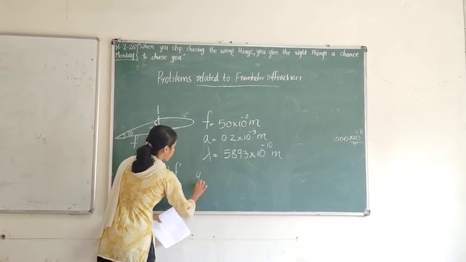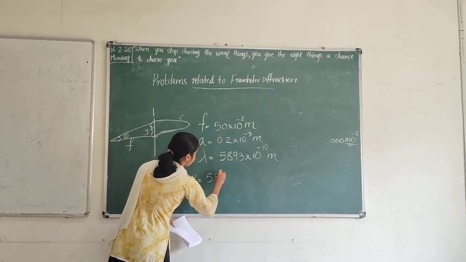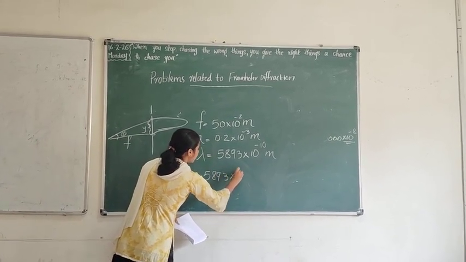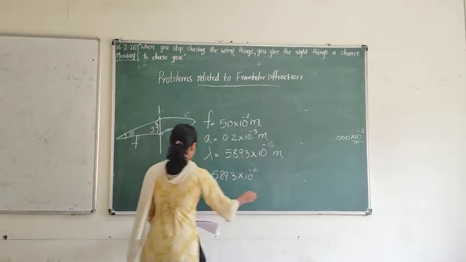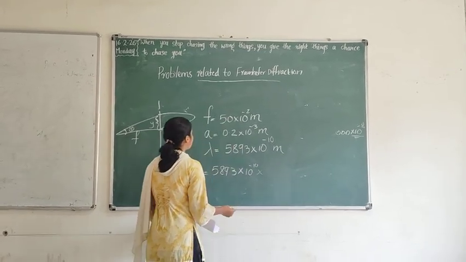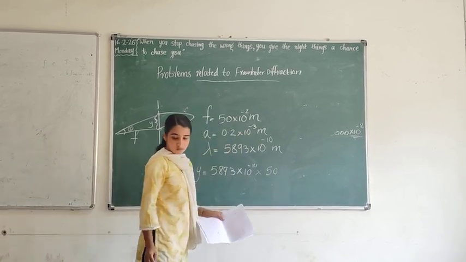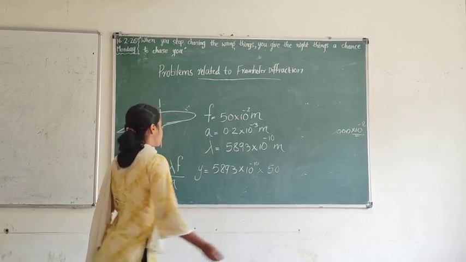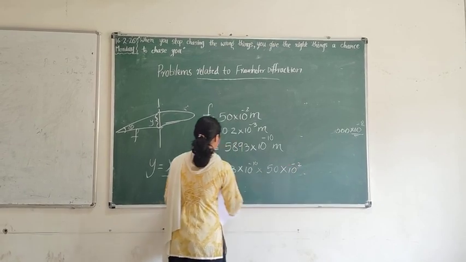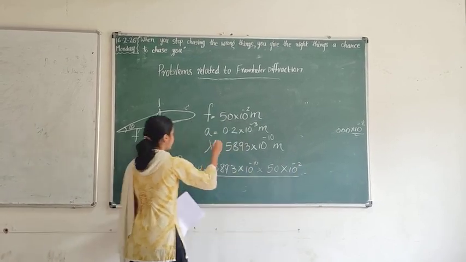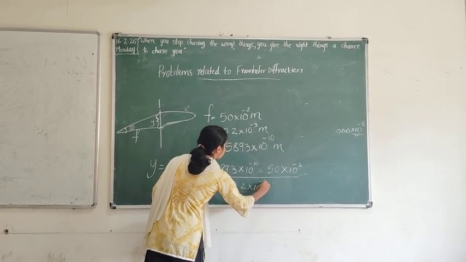Then we got y is equal to lambda, 5893 into 10 raised to minus 10, into focal length 50 into 10 raised to minus 2, all divided by a, 0.2 into 10 raised to minus 3.